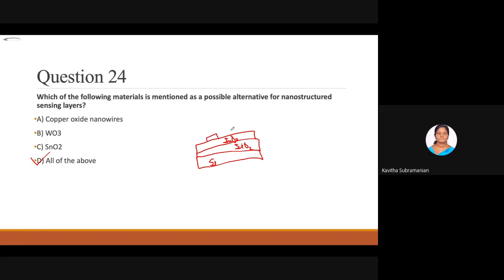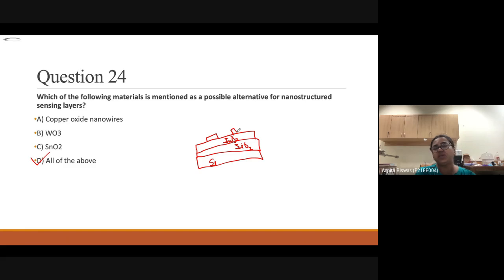So in chemiresistive devices, when the device interacts with the biomolecules or the gaseous molecules or the VOCs, it absorbs on the surface of the SnO2 and it changes its electrical property. It changes its resistance. So this is the source and this is the drain.